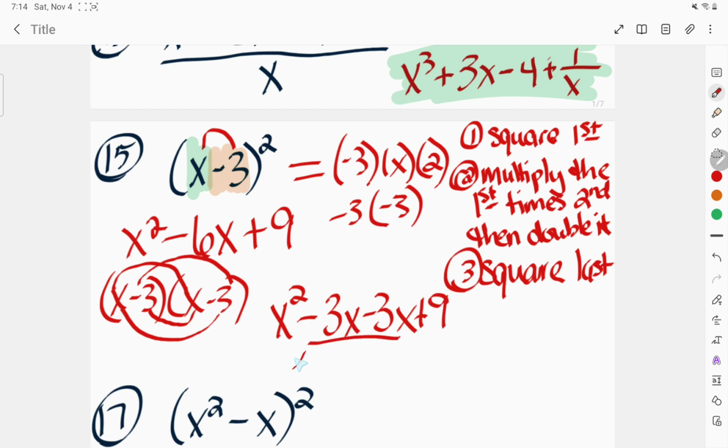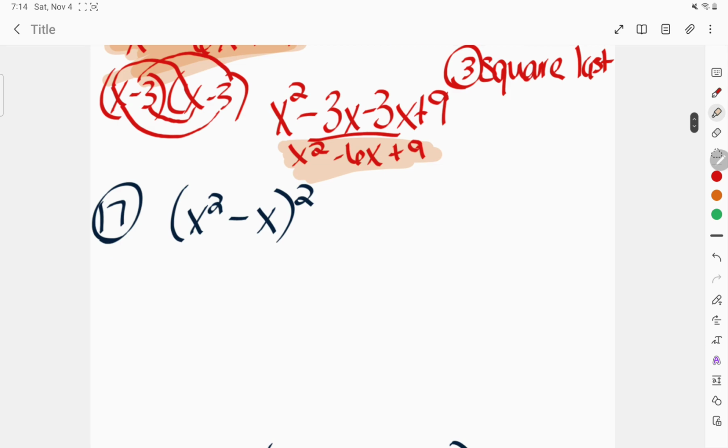Combine those like terms, you get x squared minus 6x plus 9. So both ways are easy and simple, just whichever way you prefer to do it, whichever way works better in your mind.